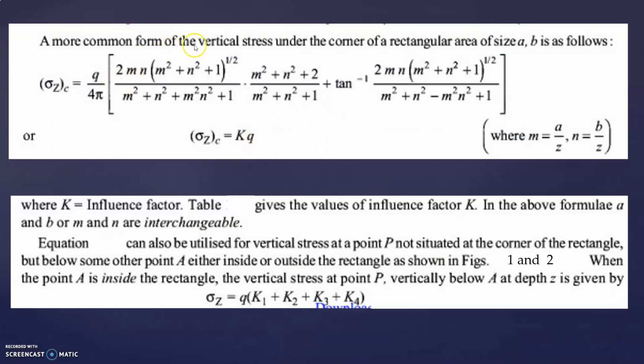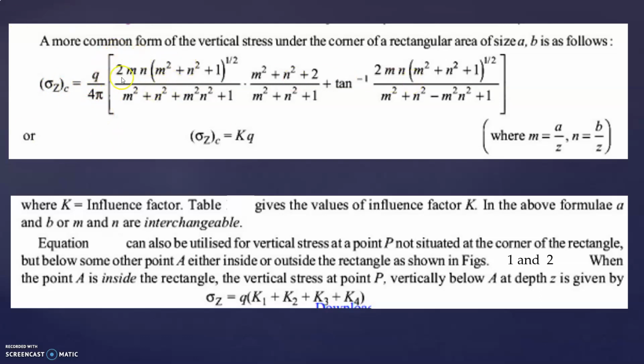The more common form of the vertical stress under a corner of a rectangular area of size A by B is given by this equation. Sigma z at the corner, that's why it is mentioned as c, is equal to q divided by 4 pi into this whole equation.